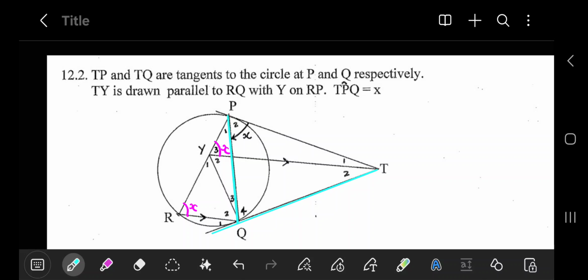The reason why I'm focusing on PQ is because PQ subtends to angle R, which is X. And also, in terms of this tangent, we've got angle Q4 that lies between the tangent and between the chord PQ. And when we follow the chord PQ, it subtends to R, which is X, meaning that angle Q4 is X as well. This is because of tan chord.